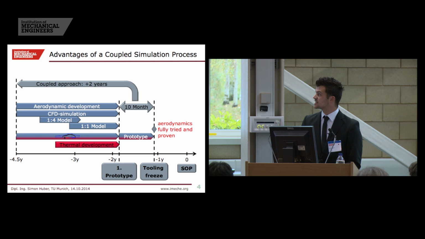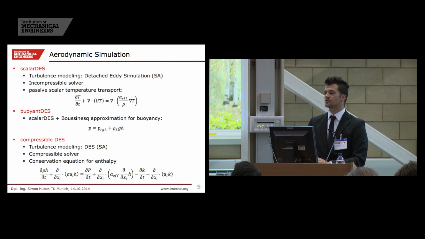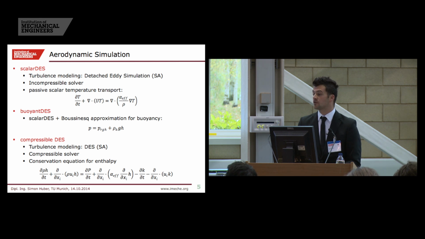So with the aerothermal design process, we could gain 2 years in development time, and this is what my project AeroOpt is approaching. For the aerodynamic simulation, I am considering 3 types of temperature modeling.